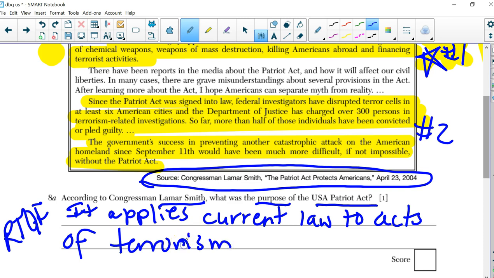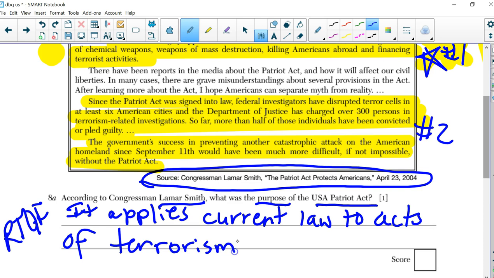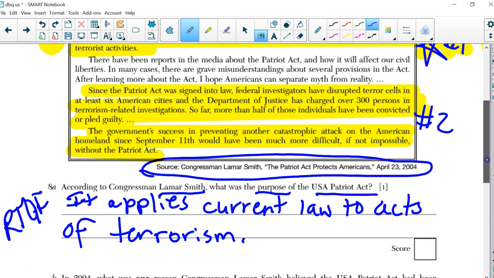Ooh, that is messy. Terrorism, okay. I actually wrote terrorism, but it kind of blended together, so let me get rid of that, and I will write it better than that. Terrorism, okay? It applies current laws to acts of terrorism.